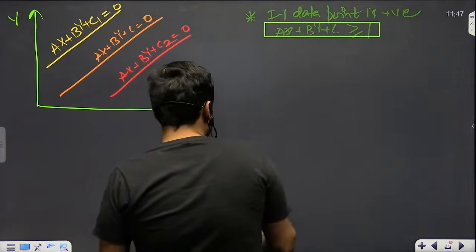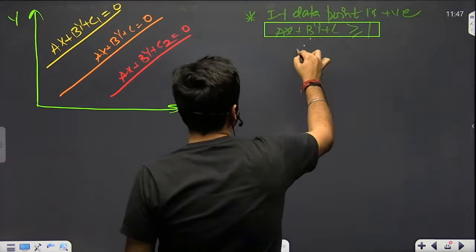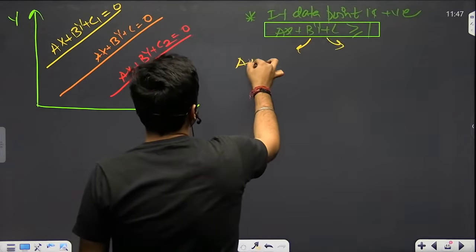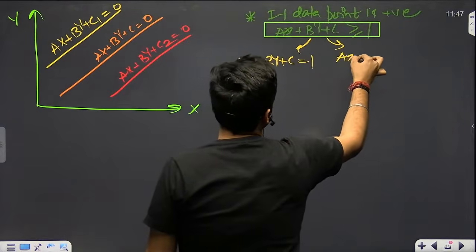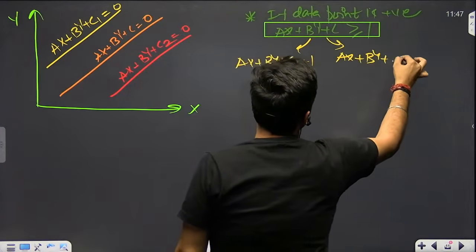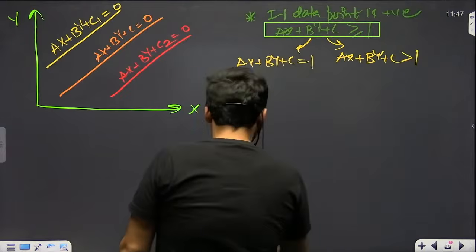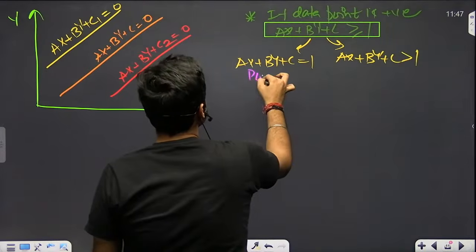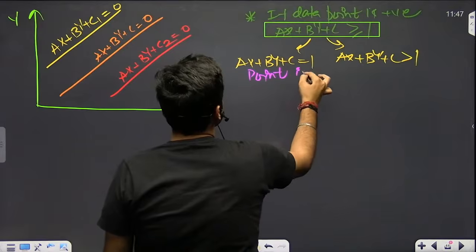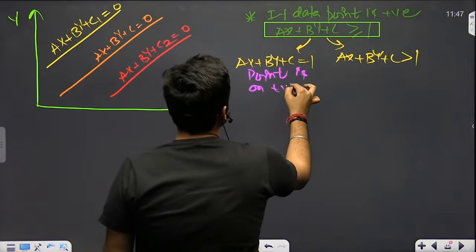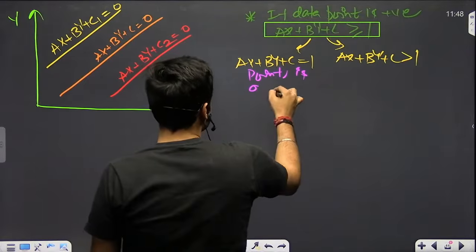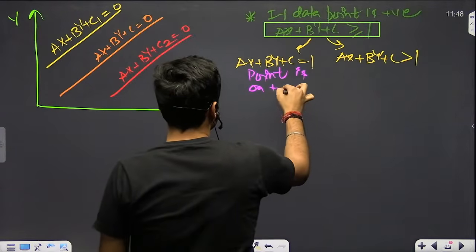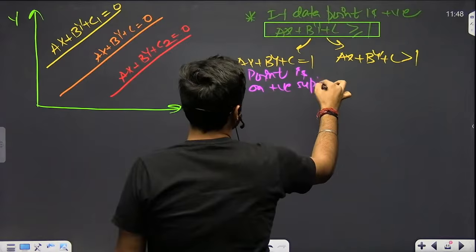Very important. Here also we have two cases. If ax plus by plus c equals 1, the point is on the positive support vector plane.